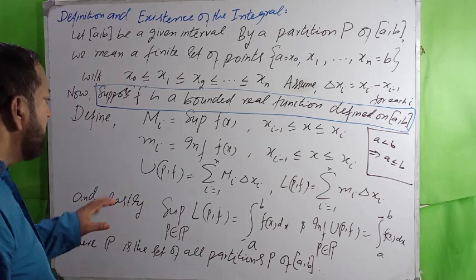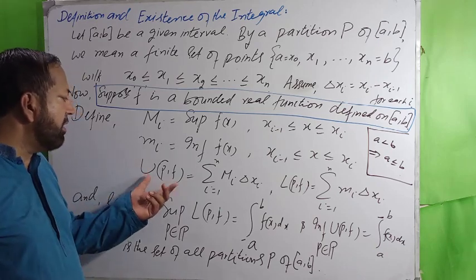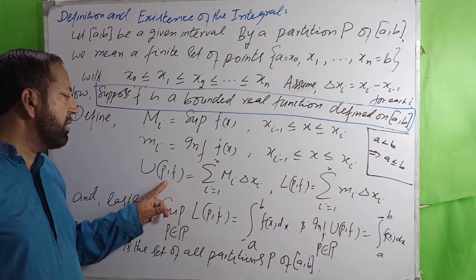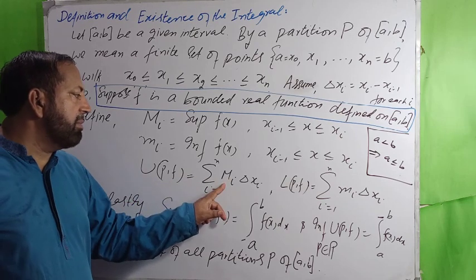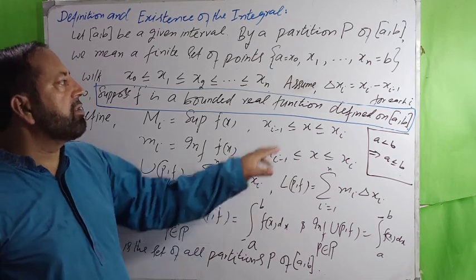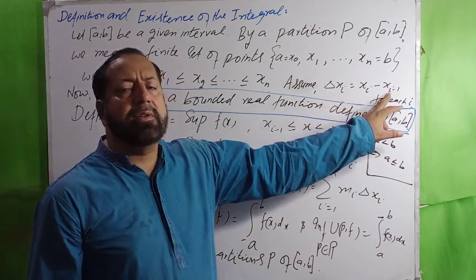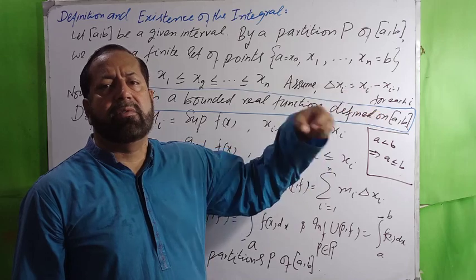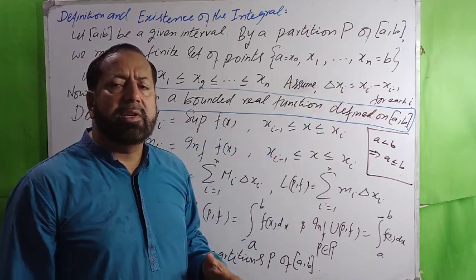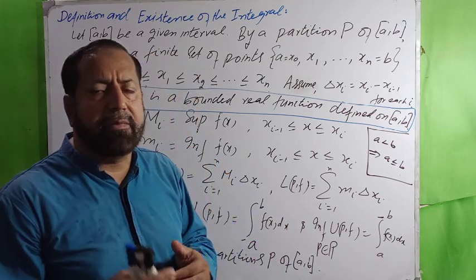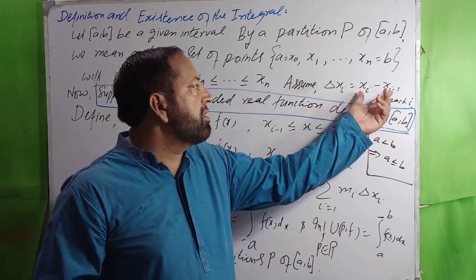Finally, you write U(P, f), the upper sum of your function corresponding to a partition P, which is the sum of Mi delta xi, where delta xi is xi minus xi minus 1, the base length of your ith interval. When you form rectangles from the upper side or from the lower side, this is your base length.